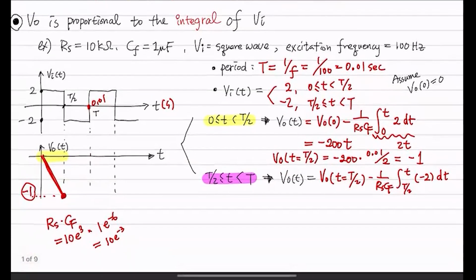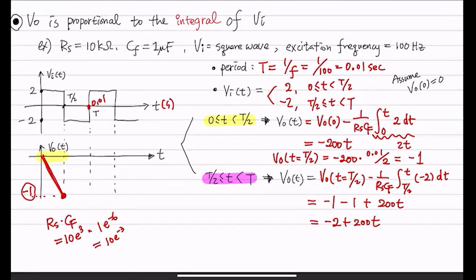So if we do a little bit of math, we actually found this value up here, right? So that's negative 1 minus 1 plus 200t. I'll just leave this for you to do the math. And then this is negative 2 plus 200t.